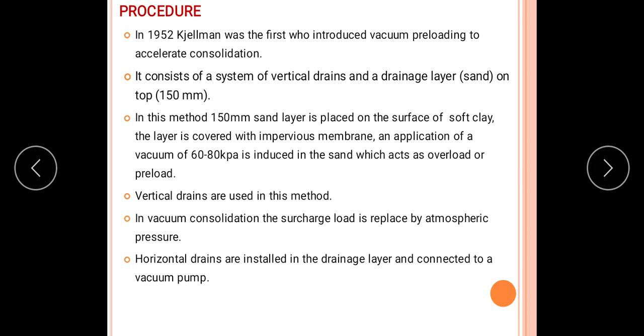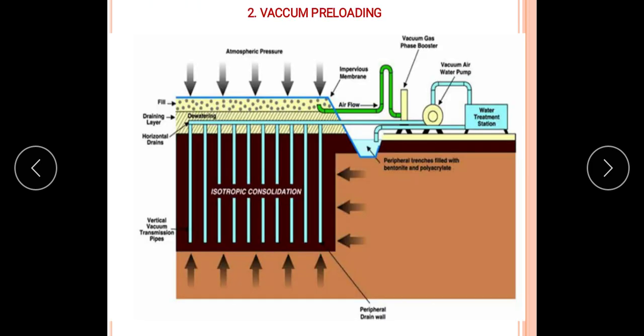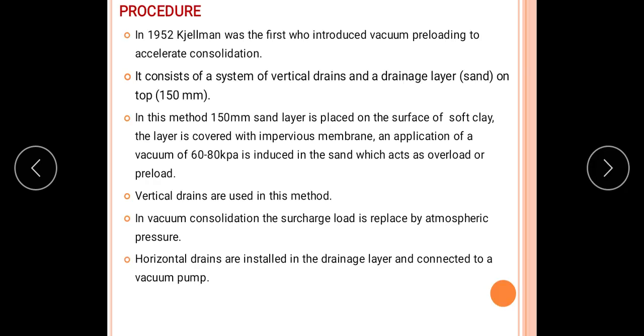In vacuum consolidation, the surcharge load is replaced by atmospheric pressure. So we are not applying a surcharge load here. Above the sand layer we are applying an impervious membrane or layer, which may be done using bentonite. So the top of the layer will be under atmospheric pressure.